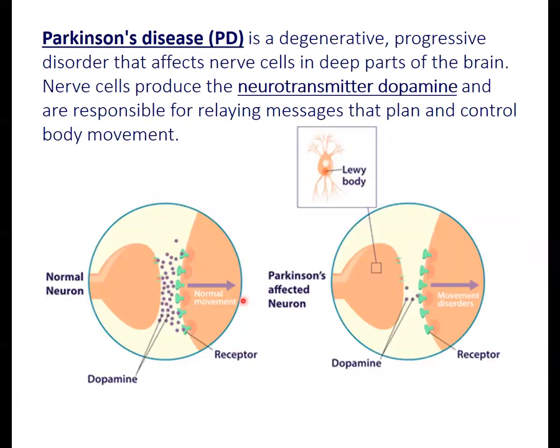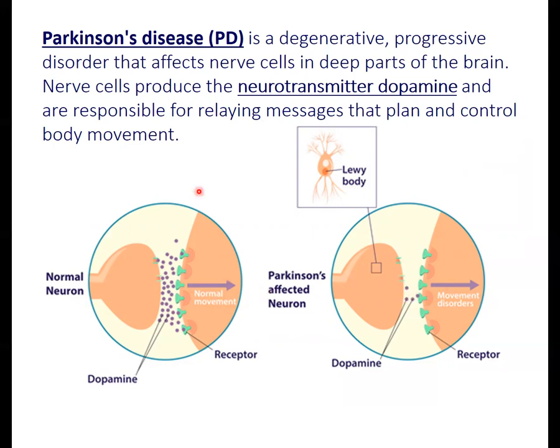Another disease that is affected by neurotransmitters is Parkinson's disease. You can see the difference between normal and somebody with Parkinson's. There is a lack of a particular neurotransmitter called dopamine. So obviously somebody with Parkinson's is going to struggle to reach threshold with that number of neurotransmitters being released.